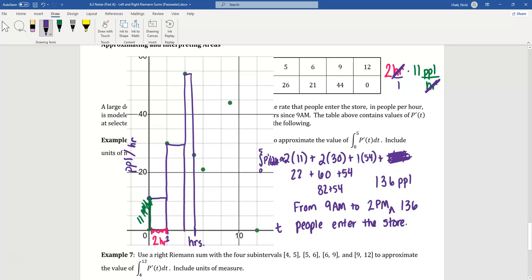It would also be better right here if I had used the word approximately, or about. They're not going to count off for that on this type of Riemann sum problem. Like if your explanation doesn't say approximately, if you word it like it was exactly 136, they won't count off for it, but it's better to say approximately there because Riemann sums don't give us the exact amount.